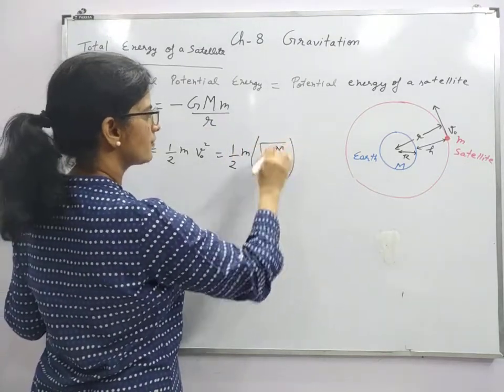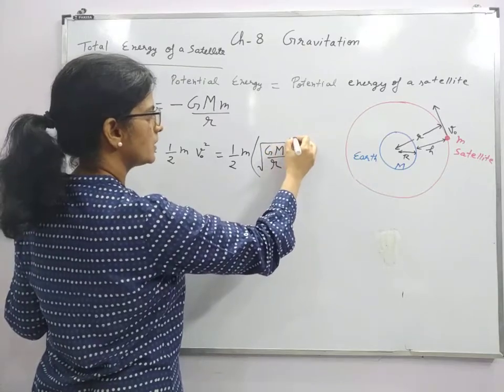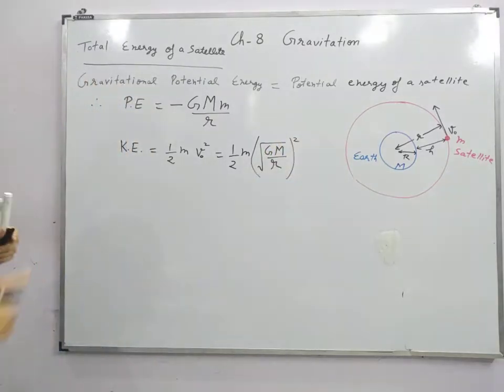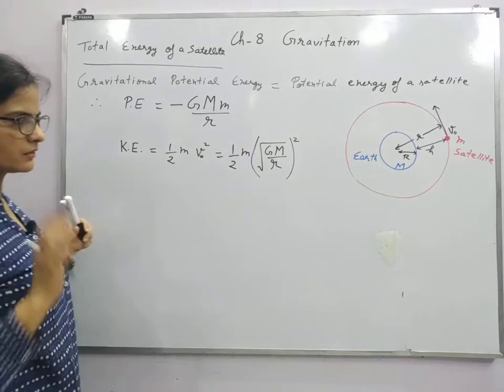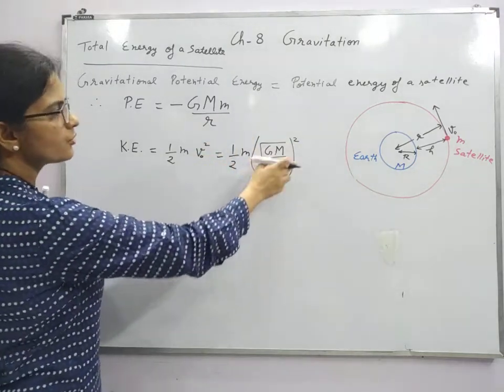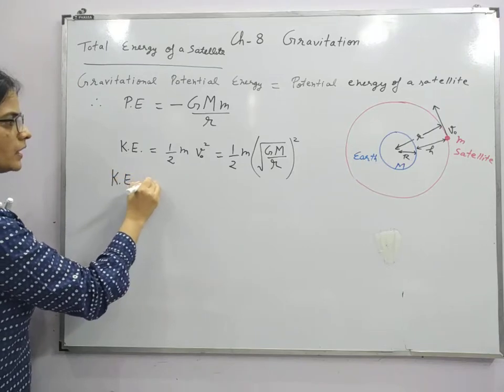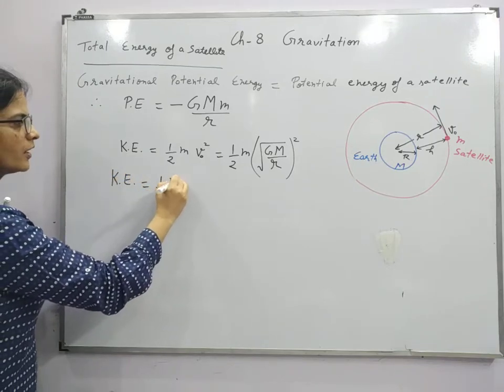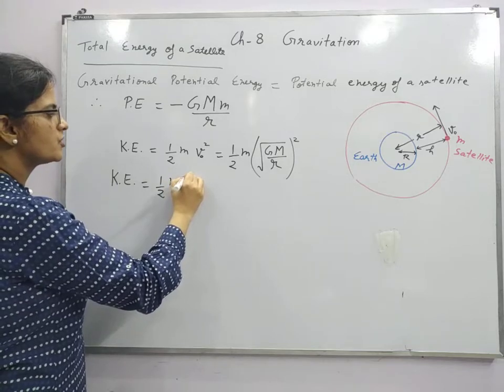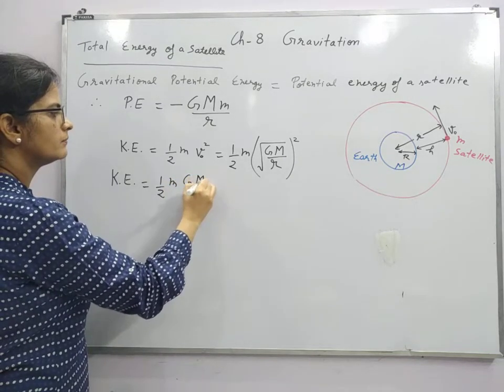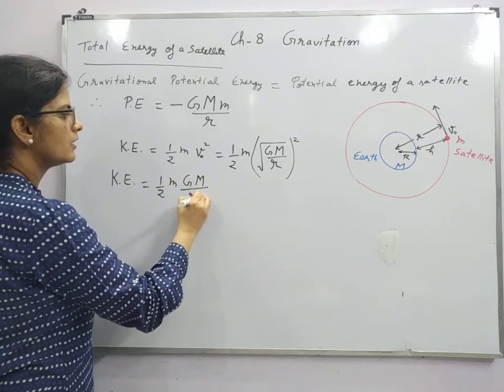Near the Earth's surface it comes out to be capital R, but here when it is in the orbit where h is large, so we will write this only. So kinetic energy is equal to half m GM upon r.